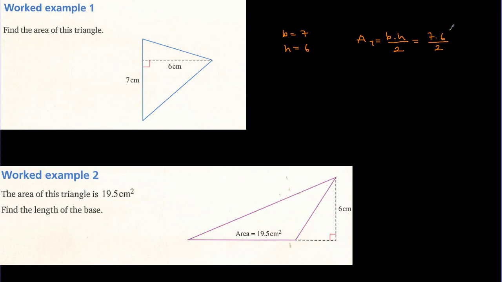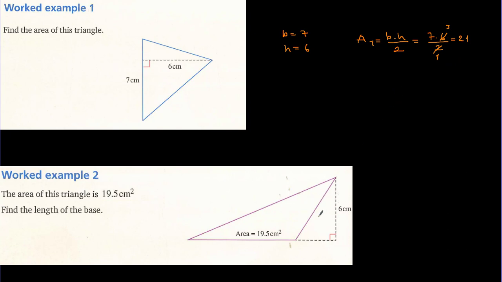I can multiply them, but it's always easy for me to simplify before multiplying. 6 and 2 are both divisible by 2, so this becomes 3 and this becomes 1. So 7 times 3 divided by 1 is equal to 21 over 1, which is equal to 21.